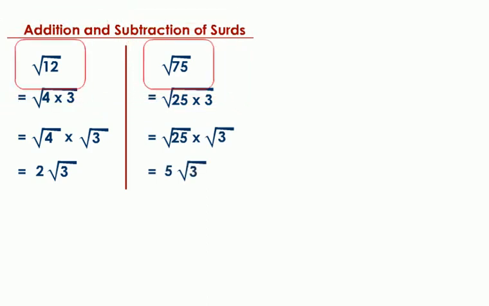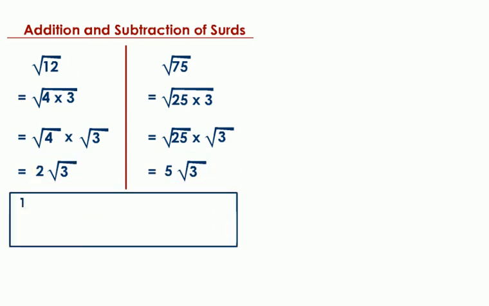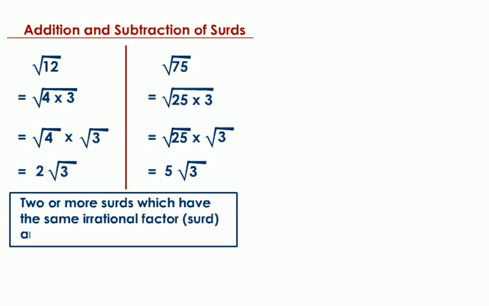These two surds contain the same √3, so they are called like surds. Thus, two or more surds which have the same irrational factor or surd are like surds. Like surds can be added or subtracted.